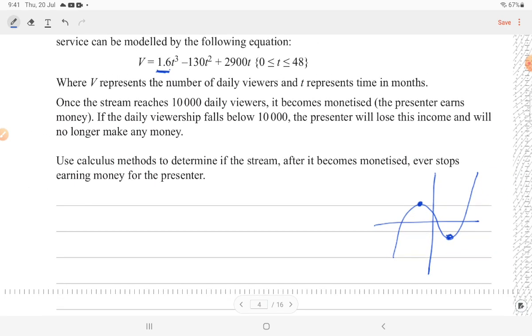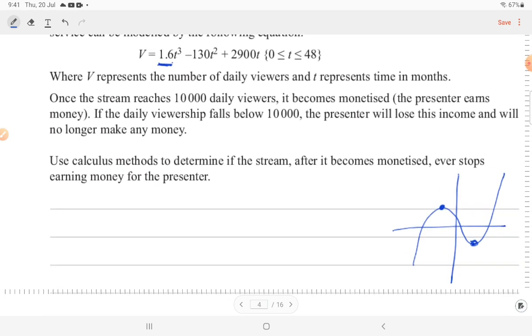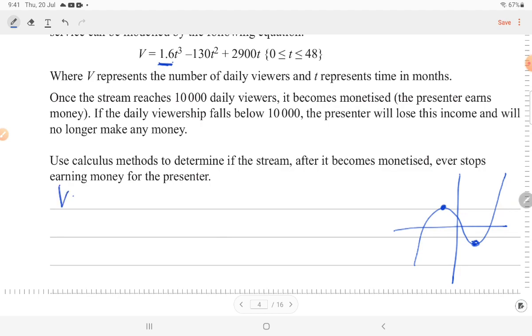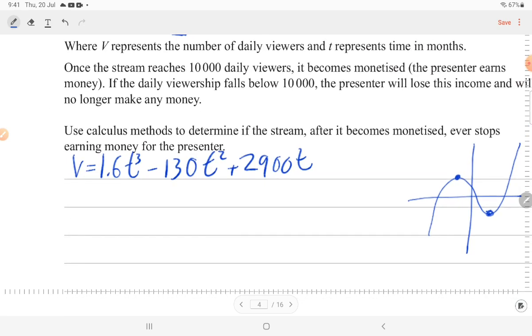So let's use the previous method to find our local maximum. V equals 1.6t cubed take away 130t squared plus 2,900t. To find the maximum or minimum, we take the derivative.